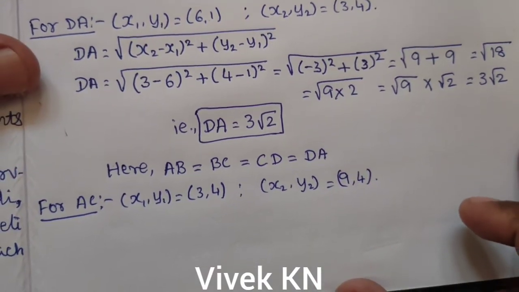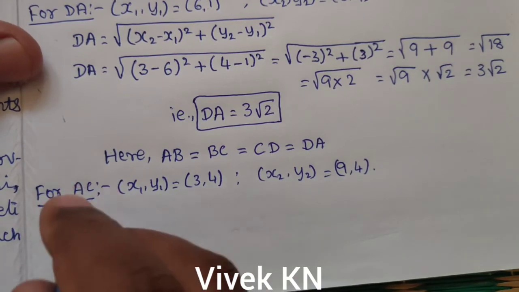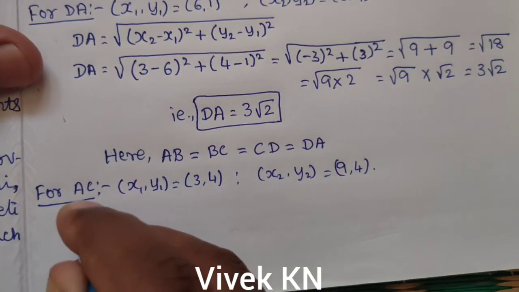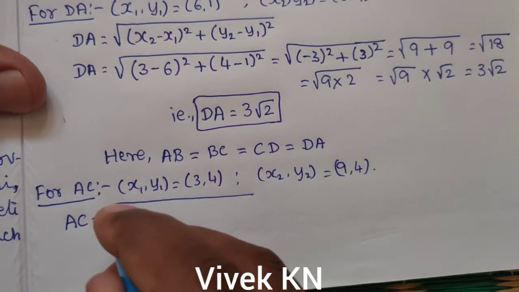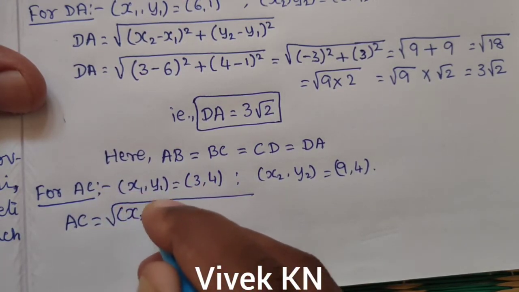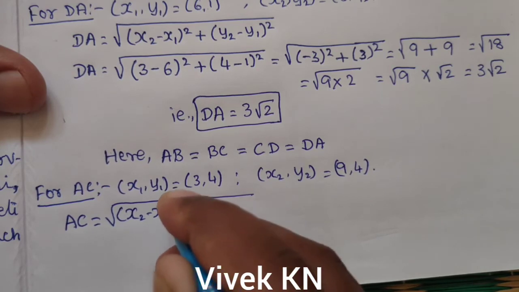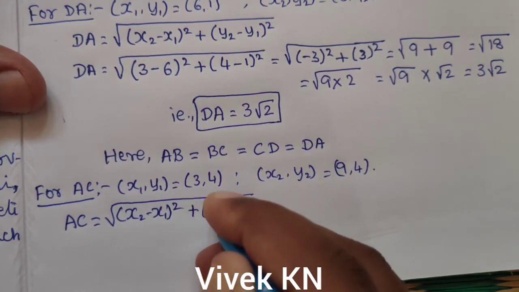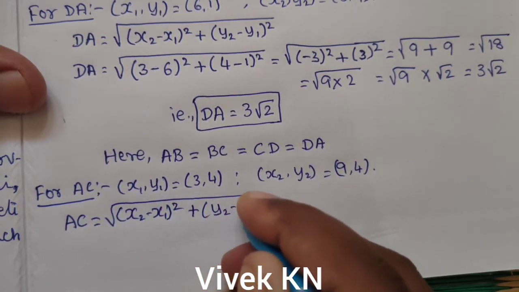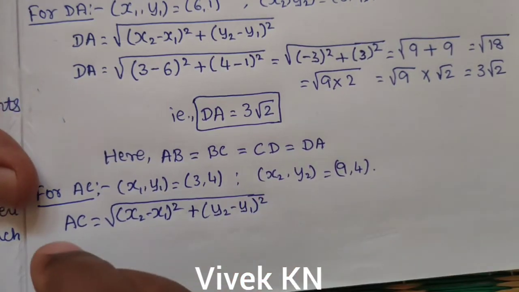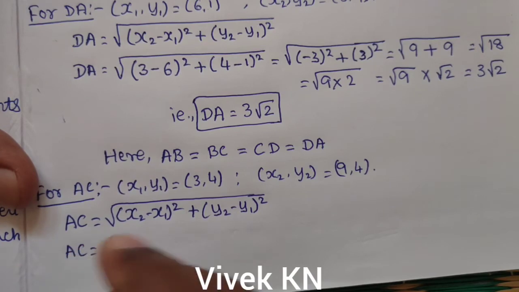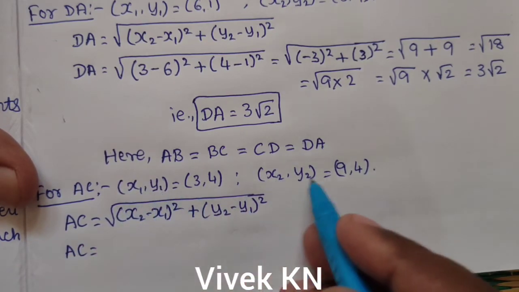Now we have to calculate the distance between AC by using the distance formula, which is given by under root of x2 minus x1 whole square plus y2 minus y1 whole square. Now let us substitute the values of x1 y1 and x2 y2 here.